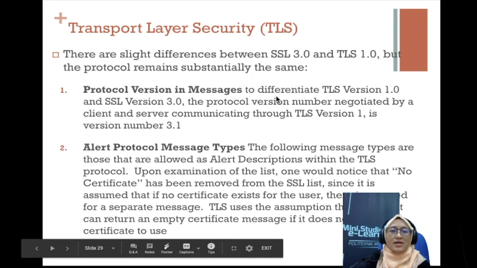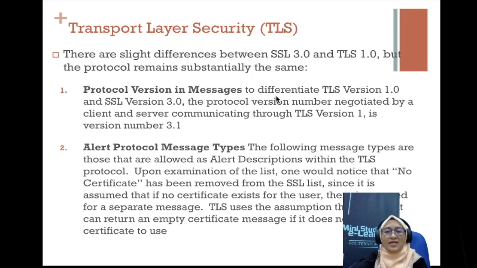And these are the differences between SSL 3.0 and TLS 1.0, but the protocol remains substantially the same. For the protocol version in the message, to differentiate between TLS version 1.0 and SSL version 3.0, the protocol version number negotiated by a client and server communicating through TLS version 1 is version number 3.1.